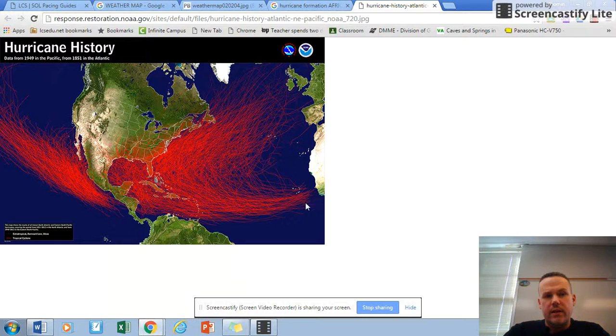You have these hurricanes that form right here off the west coast of Africa, and these air masses. This air mass right here would definitely be a maritime tropical, and it's pushing these storms in that direction. So they originate as a tropical storm off the west coast of Africa, and they make their way towards the east coast of America.